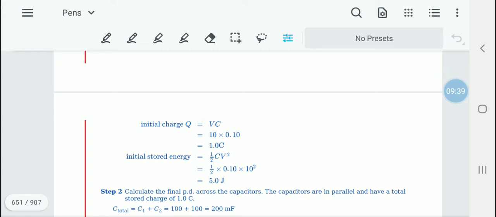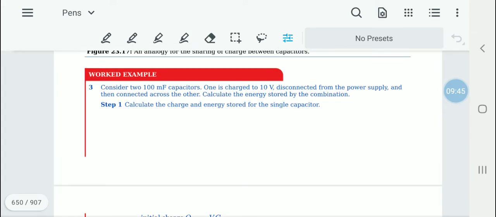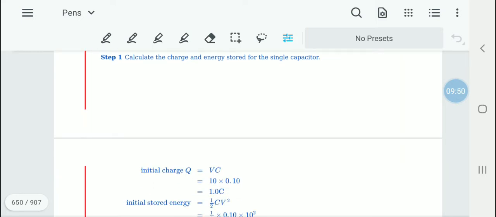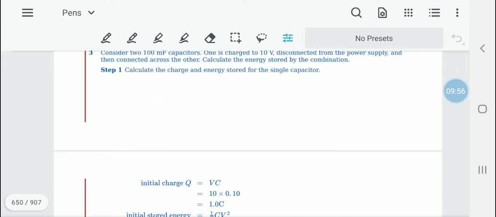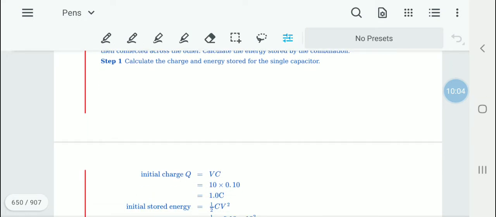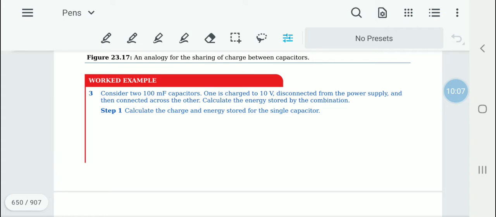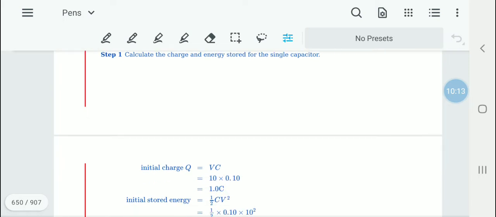V is 10, and the capacitance they have given in millifarads, not micro, millifarads. So as a result it is going to be 0.10. That would give you 1 coulomb. The charge is going to be 1 coulomb.